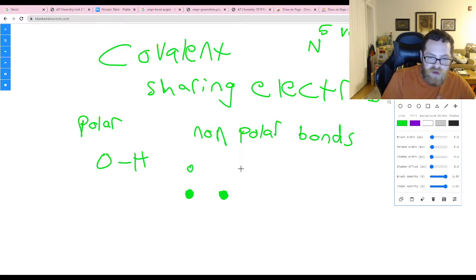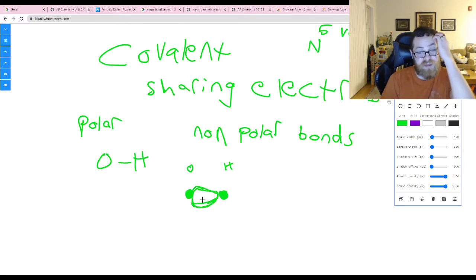So if this one is oxygen and this one is hydrogen, the electrons are going to be spending a lot more time near the oxygen. Imagine a bit of an egg shape, where the larger the size is, the more time is spent there. If you want to call it the density of the electrons. So most of the time, the electrons are near oxygen, even though they're technically being shared.